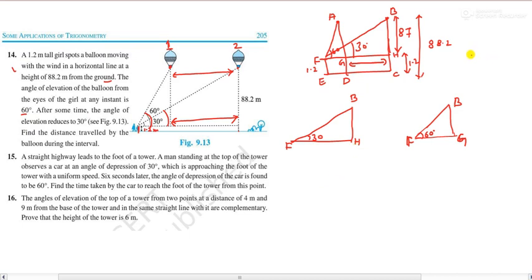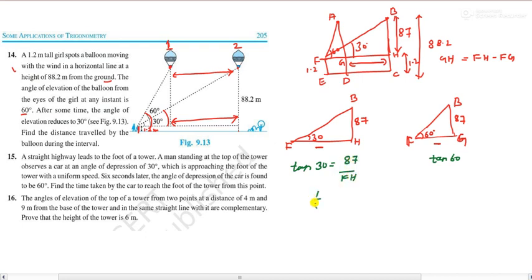So if you look at it carefully, if I know FH and FG, I will definitely get GH, right? GH will be equal to FH minus FG. We need to find these. We can easily do because this side is given 87, even this is 87. So here it will be tan 30 degree, and here tan 60. Tan 30 is O by A, that is 87 by FH.